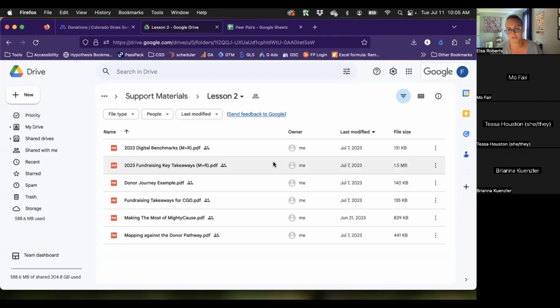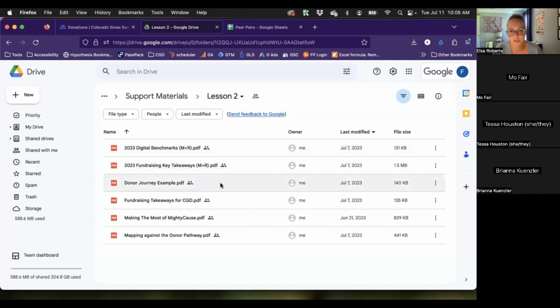If you have never looked at the M&R report before, I encourage you to do so. It's a really great resource, but if you don't have time to read the whole thing, we've prepared key takeaways for you in this document. The digital benchmarks are also derived from the M&R report, and these are key metrics that give you a sense of where other organizations are performing across the nonprofit space, so that you can have a sense of how you match up with your peers.